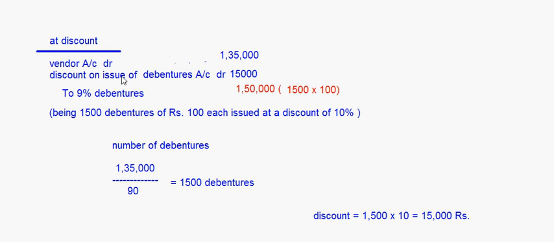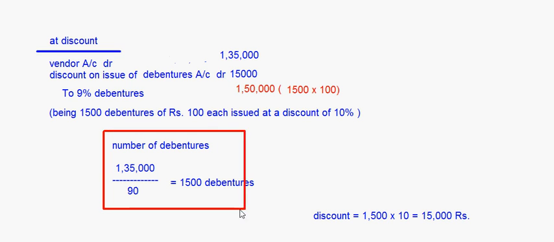Vendor account will be debited with the amount of the purchase consideration. The number of debentures will be calculated using this formula. Here we have calculated the number of debentures. The 9% debentures account will be the actual value, that is at par value, that is 1,500 into the actual price, that is 100 rupees.